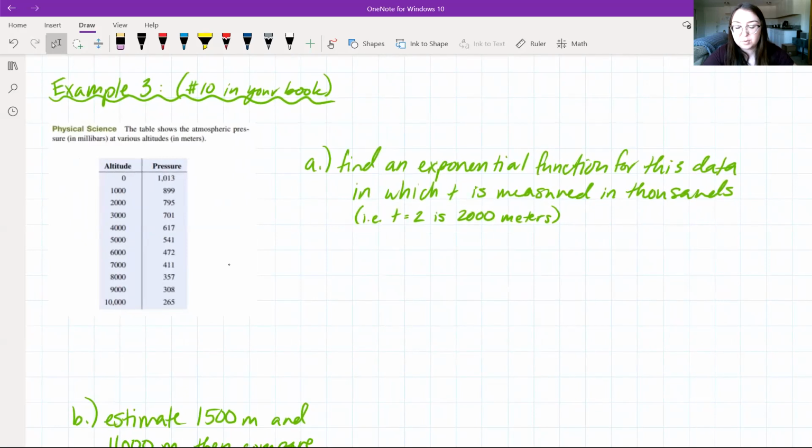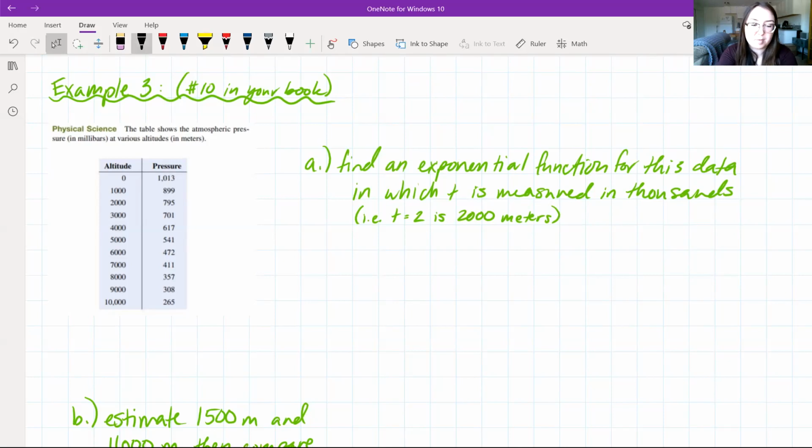For part A, we want to find an exponential function for this data in which t is measured in thousands. So that means that t equals 2 means 2,000 meters. So we're not dealing with t equals 10,000 or 9,000. We're dealing with t equals 9 or 10, along those lines.